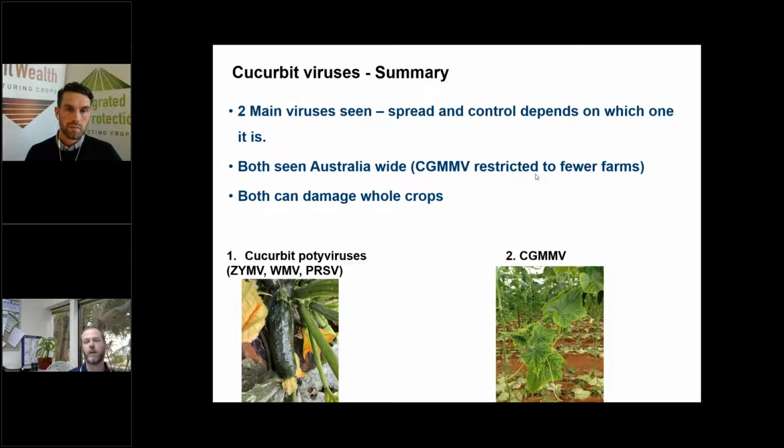This maybe is on a couple of properties or perhaps none at the moment, but we picked these two as they're the two main ones we see around Australia, and they're very rapidly spreading in bad years and can really quickly spread to a whole crop and cause a lot of damage. So that's kind of where we've looked at these two.